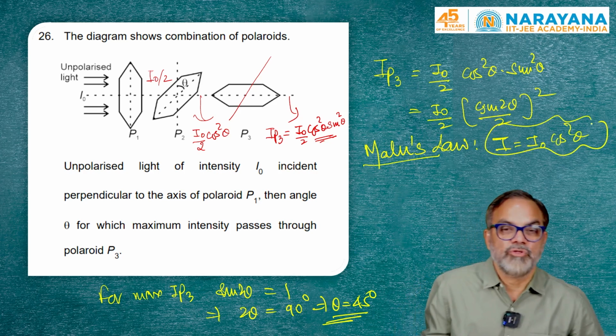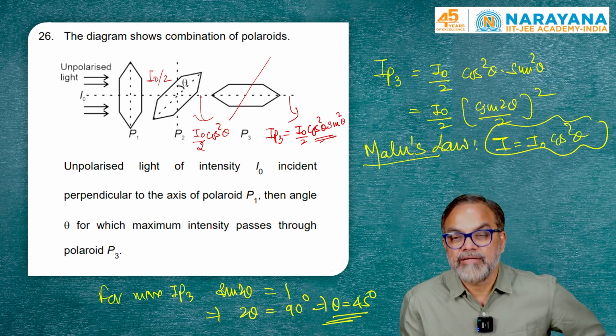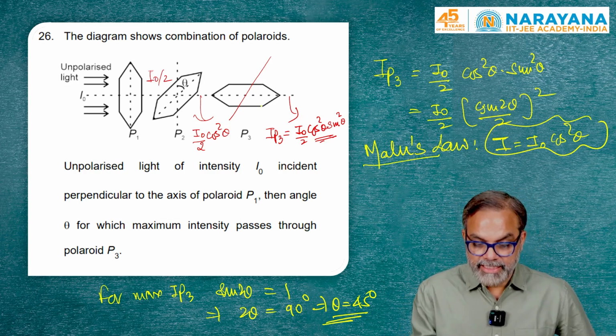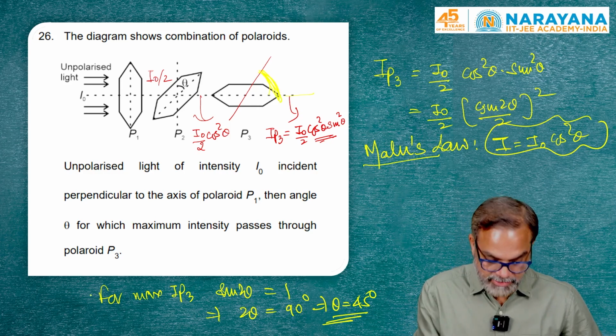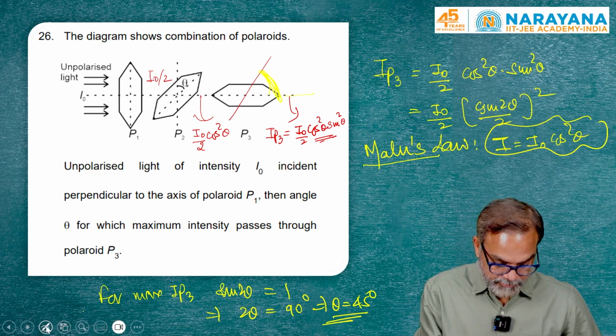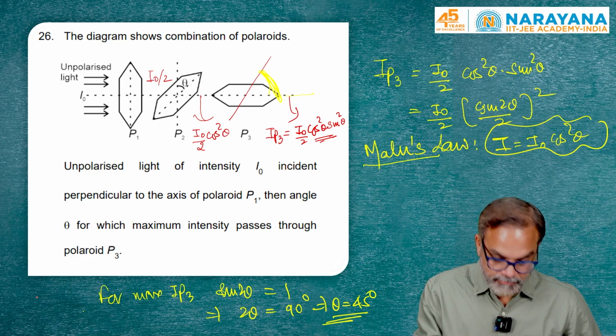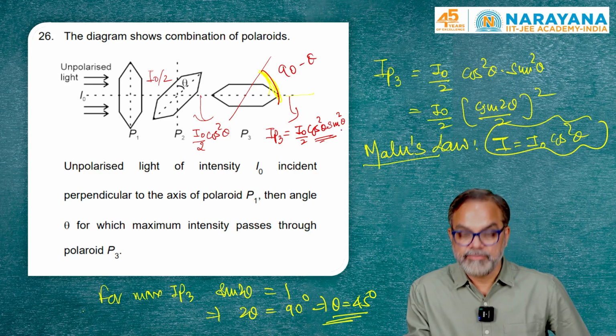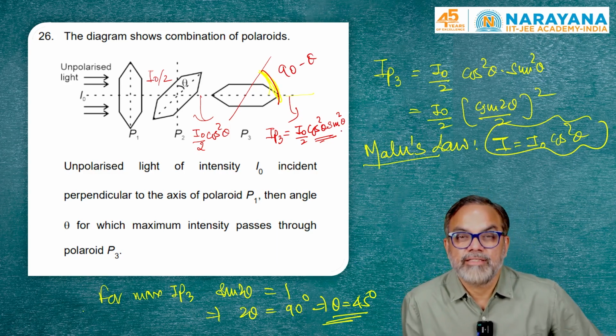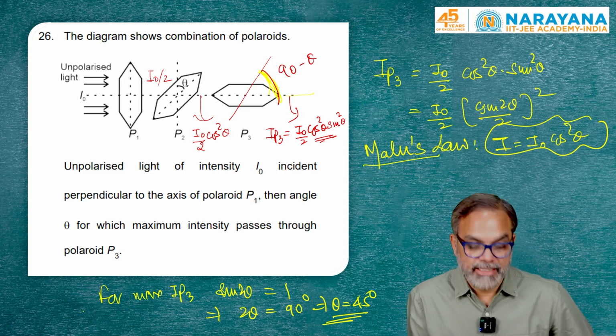This is what we have used, where theta is the angle between the pass axes. In the second case, the pass axis is over here, so we will be considering this angle. So once we consider this angle, that will be 90 minus theta. That's why this becomes sine square theta. So that's a straightforward application.